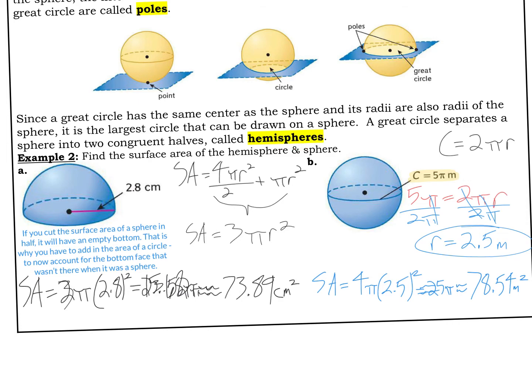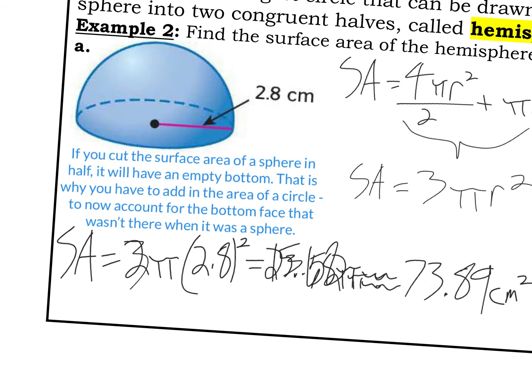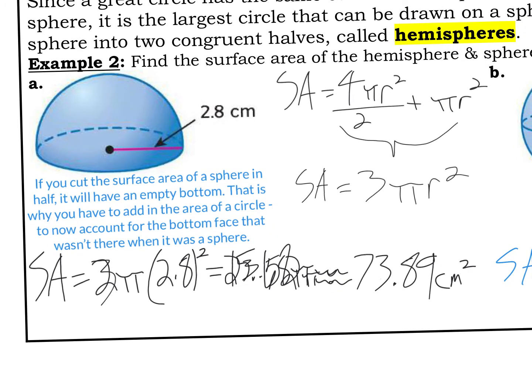So if I'm going to find the surface area of the hemisphere, I am going to do 3 pi r squared. And you might be thinking, why aren't we doing 2 pi r squared? Because a hemisphere is half a sphere, and the surface area for a sphere is 4 pi r squared. So I can explain it to you like this.